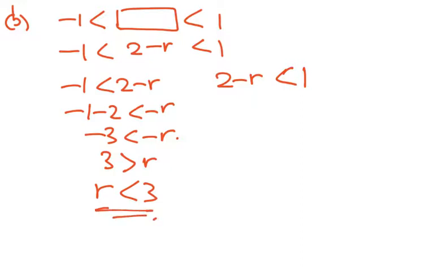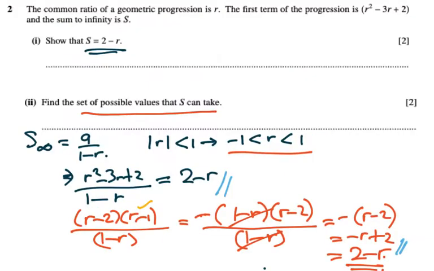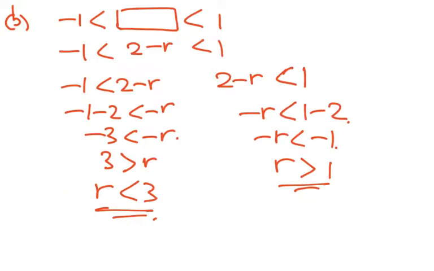That's the first part. And then -R is less than 1 minus 2, so -R is less than -1, so R is greater than 1. So your range of R value which you can take to make this possible is 1 is less than R, R is less than 3. That's it.